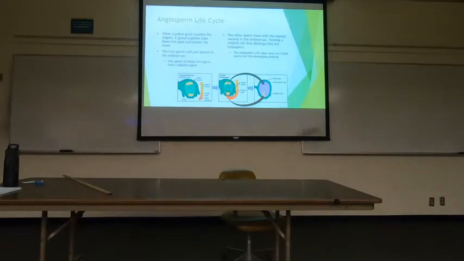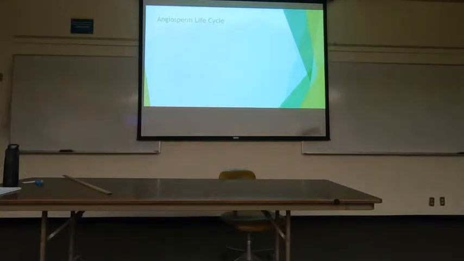The endosperm is what later serves as that food source for the developing embryo. This is called double fertilization, and this is unique to angiosperms. You don't see this in any other lineage of plants. So you have that endosperm, which develops into a food source, which exists outside of the zygote.